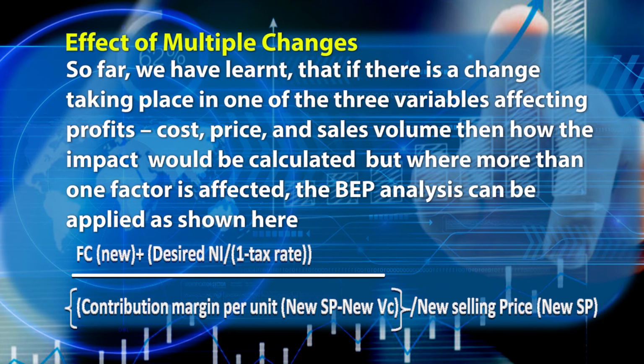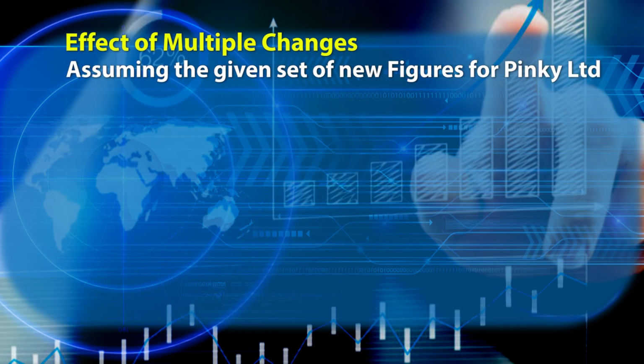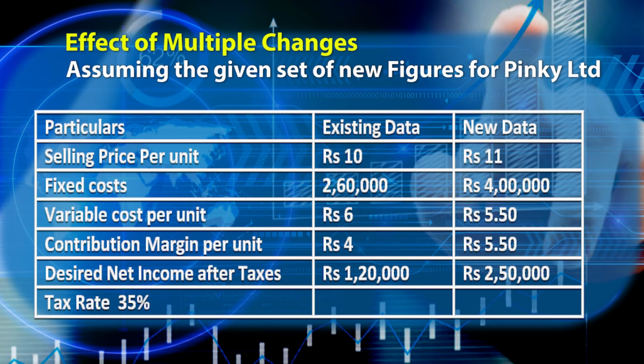new selling price. Assuming the given set of new figures for Pinky Limited, selling price has increased from rupees 10 to rupees 11. Fixed cost has increased from rupees 2,60,000 to rupees 4 lakh. Variable cost per unit has reduced from rupees 6 to rupees 5.50.